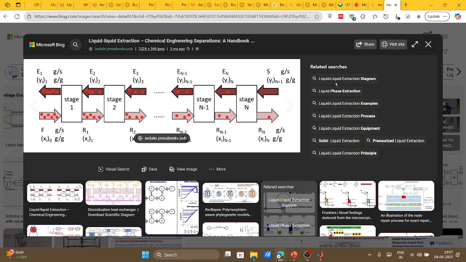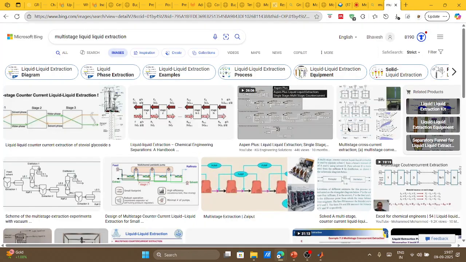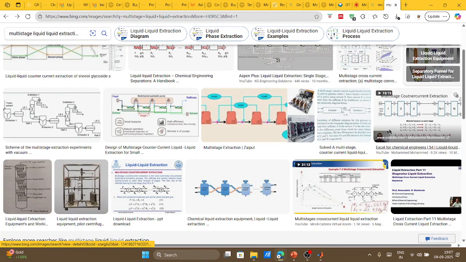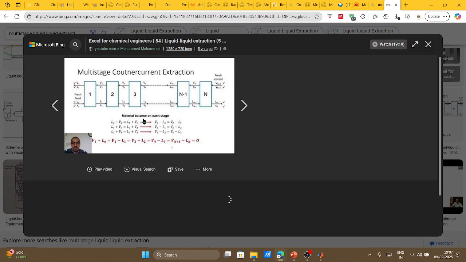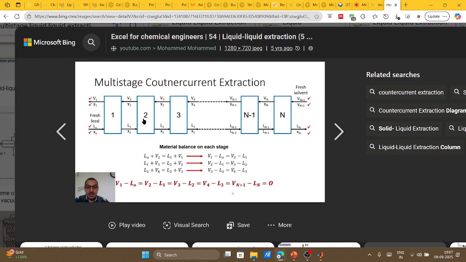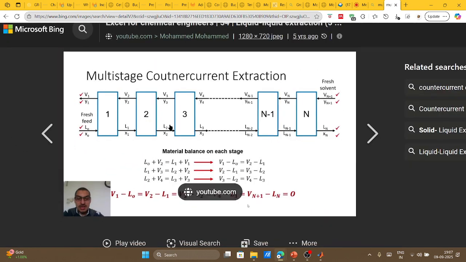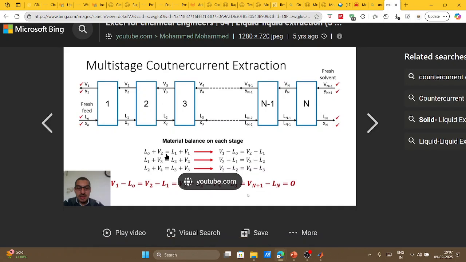Solvent side is called E. Here I'm just slightly confused about the notation. Initially I didn't pay attention, right? See, the direction of this feed and the direction of the solvent, they are opposite to each other, but the way you consider this equation is an important part, right?